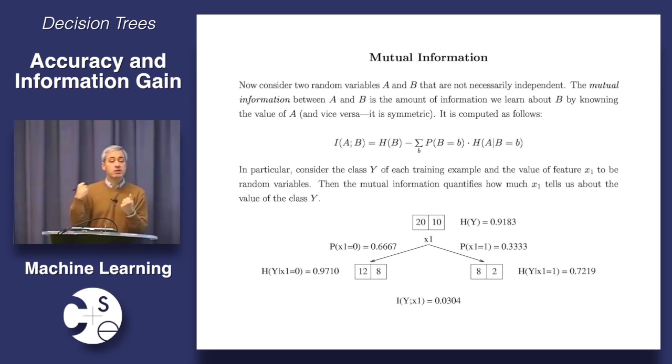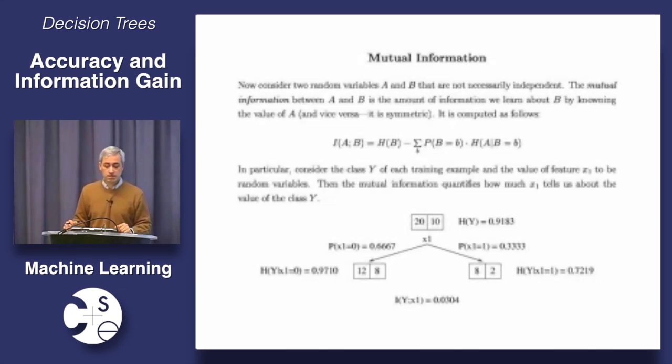In particular, we're going to be interested in the reduction in the entropy of the class that we're going to get from knowing the value of a particular attribute. So the attribute with the greatest mutual information with respect to the class, or the attribute with the greatest information gain, is going to be the one that we pick, because it's the one that most reduces the uncertainty about the class. In particular, if our attribute reduces the uncertainty to 0, then it has the maximum possible information gain, and we can pick that.